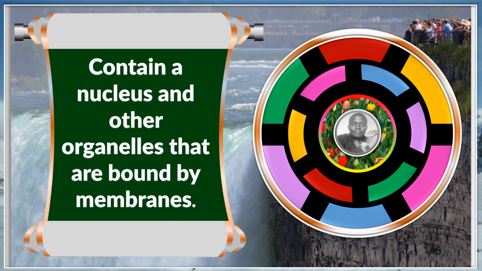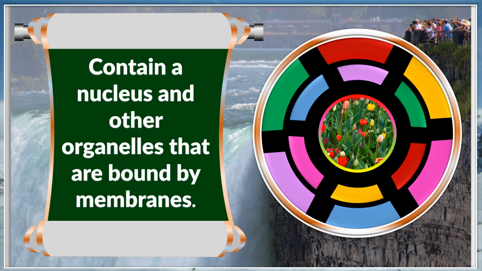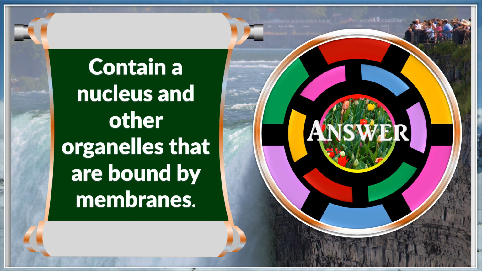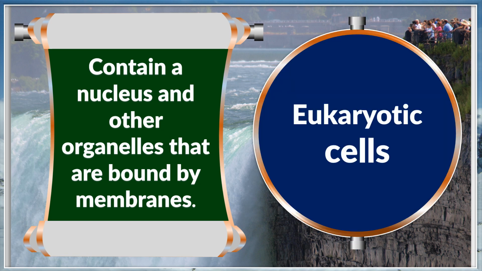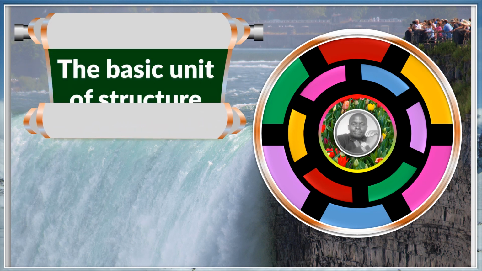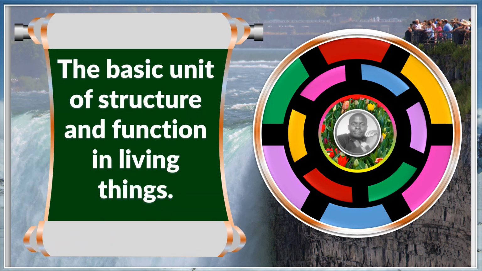Contains a nucleus and other organelles that are bound by membranes. Eukaryotic cells. The basic unit of structure and function in living things.